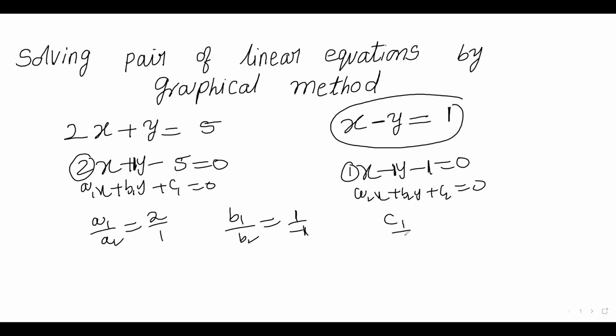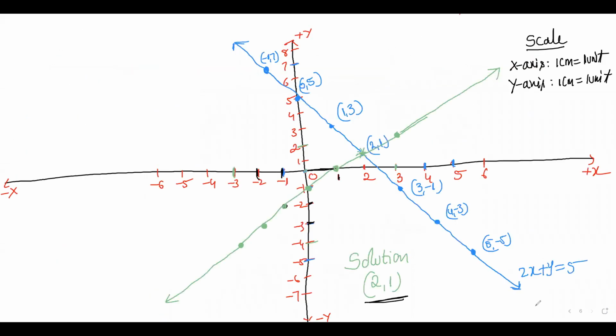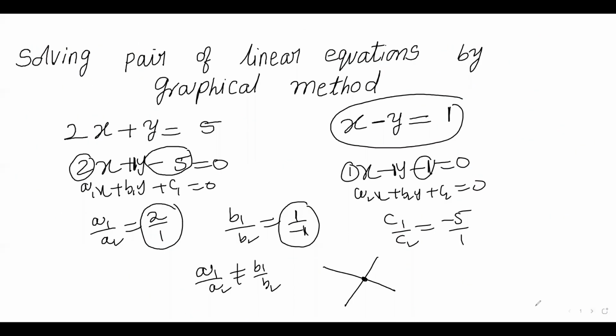If you see c1 by c2, you will get minus 5 by minus 1. So a1 by a2 is not equal to b1 by b2. Both are intersecting lines. They have a unique solution, and the solution we got is 2 comma 1. Got it? So by the condition also it is verified they are intersecting lines.